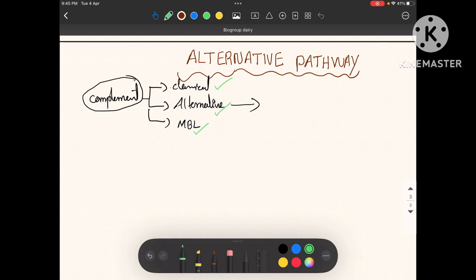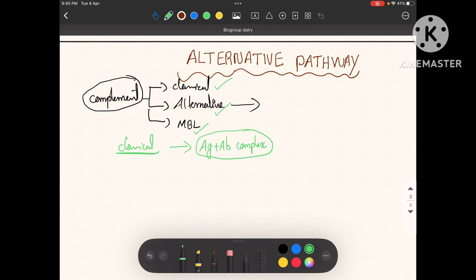In the classical pathway, we know that the pathway starts once the antigen antibody complex is formed. Whenever a foreign substance enters our body, it is recognized by the antibody and forms an antigen antibody complex.